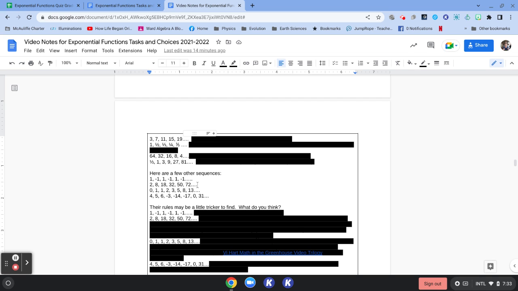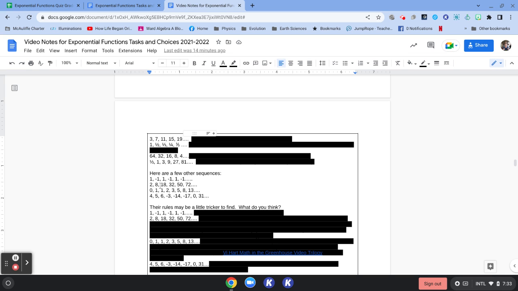32, 50, 72. Well, this one is a quadratic one. So what I'm doing is I've got 2 times the term number squared. Notice that this is 2 times 1. This is 2 times 4. This is 2 times 9, this is 2 times 16, this is 2 times 25, and this is 2 times 36.